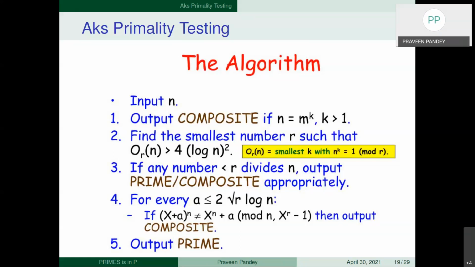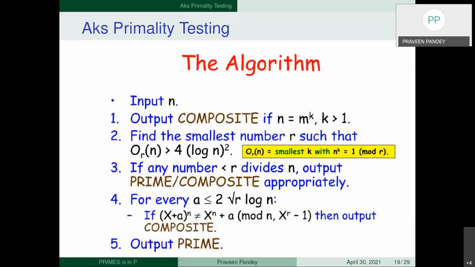Here, the equation that we are computing is whether (x plus a) raised to the power n is not equal to x raised to the power n plus a. Each equation requires O of log n multiplications for a degree r polynomial with coefficient size O of log n. So verification of each equation can be done in O of r times log squared n steps.